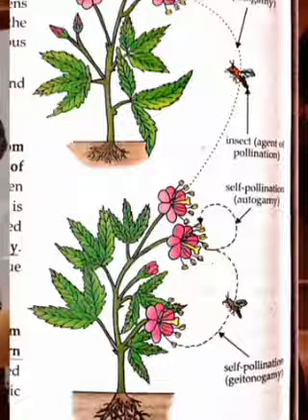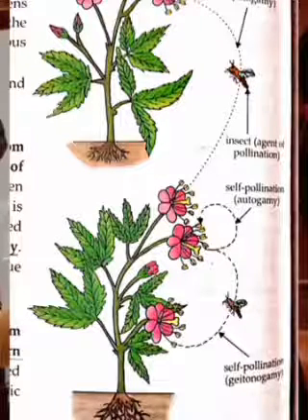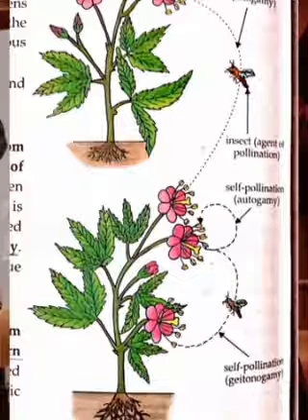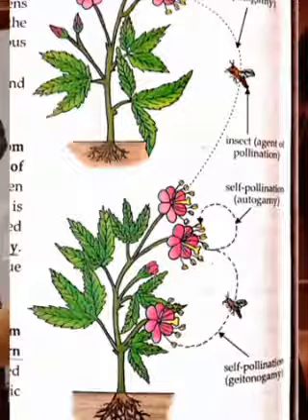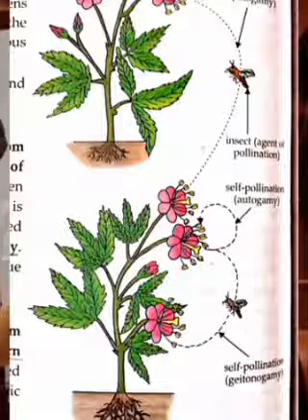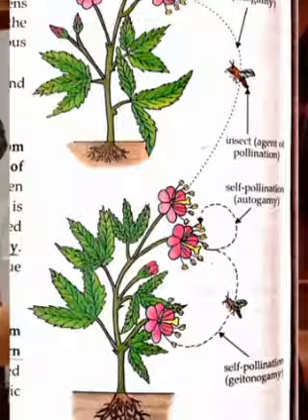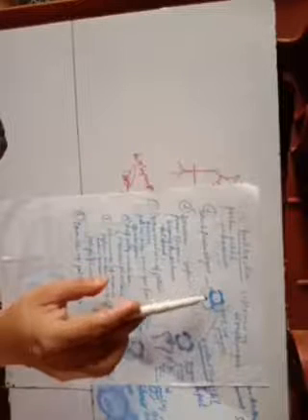Pollination brings the pollen grain to the stigma, and on the stigma the pollen grain is going to germinate. What are the various events that happen? First is the pollen pistil interaction, meaning identification by the stigma of whether this pollen grain is of the same species or not. After that the stigma secretes some sugary substances, and under the influence of these substances the pollen grain germinates. The pollen tube emerges out through the germ pore.